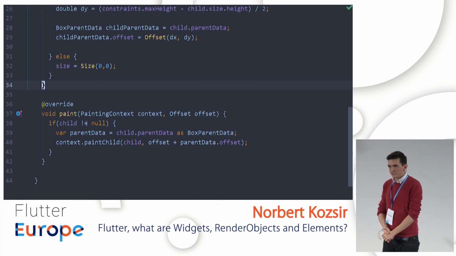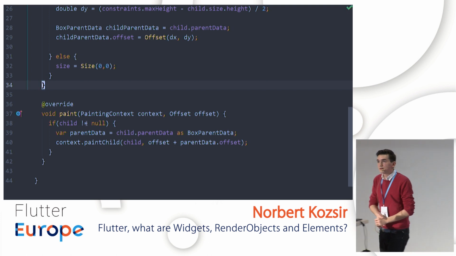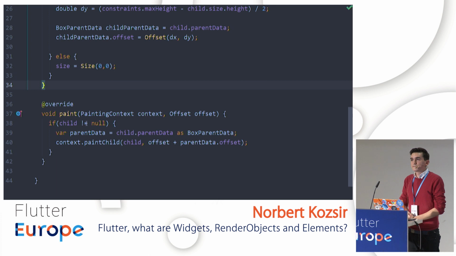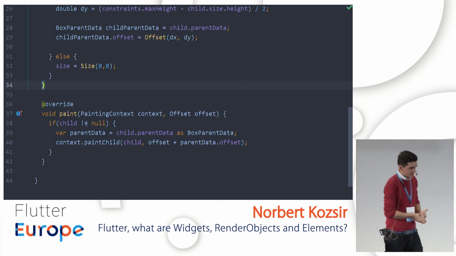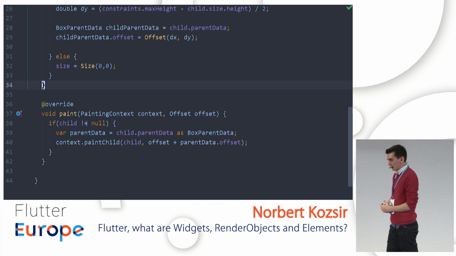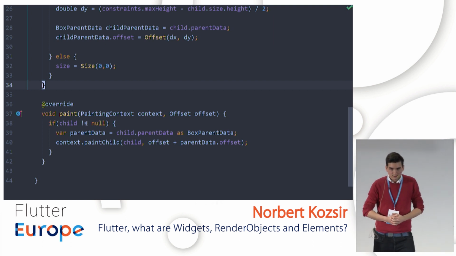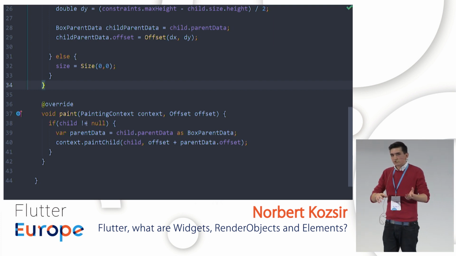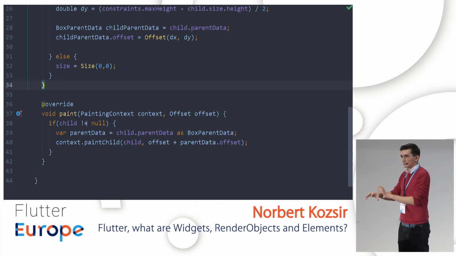Yes, so the question was, why does the center, for example, store its information in the child, not directly inside itself? So there are multiple reasons. For example, there are elements and widgets, for example, list views, who do lazy building and stuff. And storing that in a child is just more convenient because it's always up to date to the child.